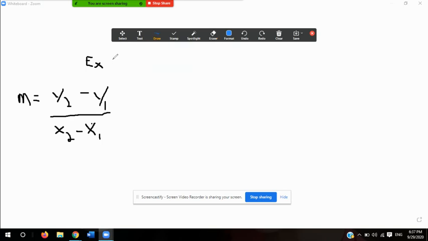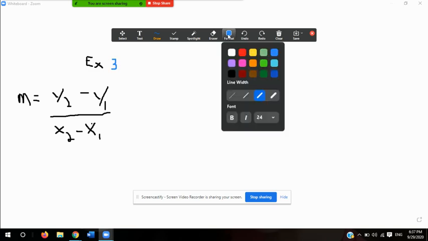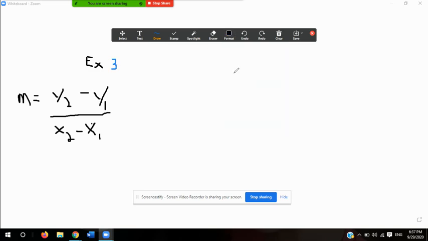So this is example number 3. Let me change the color to black. If we look at example number 3, we have A, B, C, and D. A gives us the ordered pairs -5 and 1, and 3 and 1. So you know what? Let me just go ahead and type those up, and that way, if I have them typed, we're good.